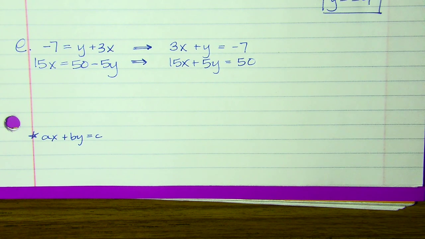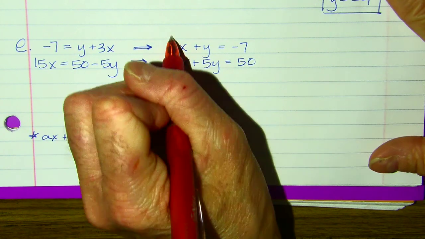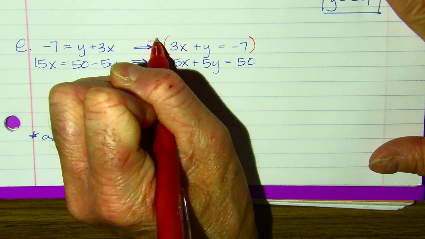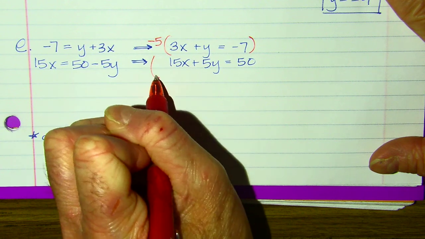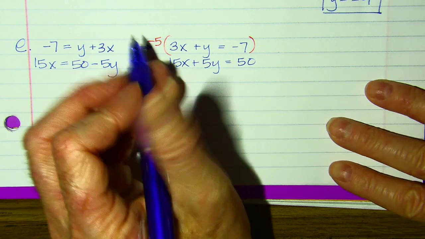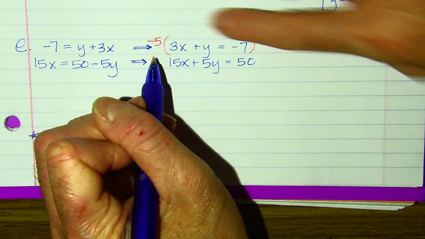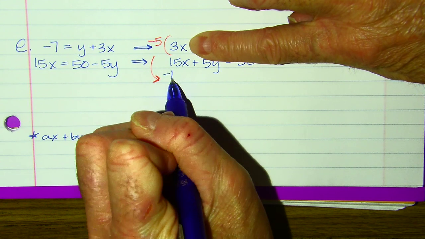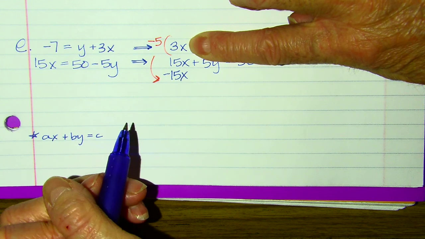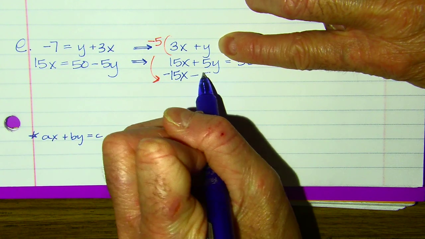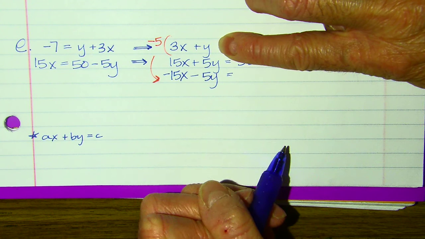Okay. Now, it doesn't matter which equation you choose, which variable. I'm going to multiply by negative 5, and I'm going to write the result here. So remember, distribute it all the way across. So negative 5 times 3x is negative 15x. Negative 5 times y is negative 5y.